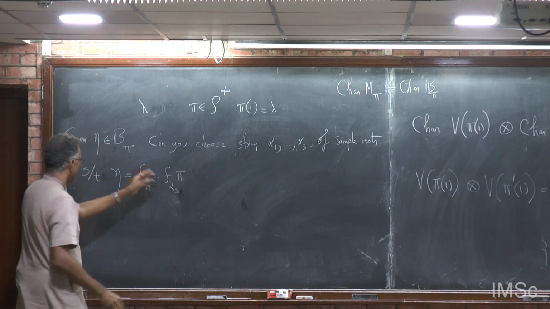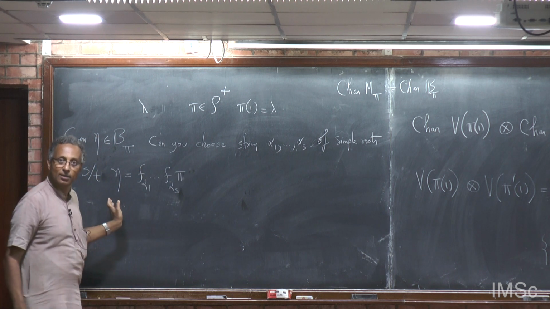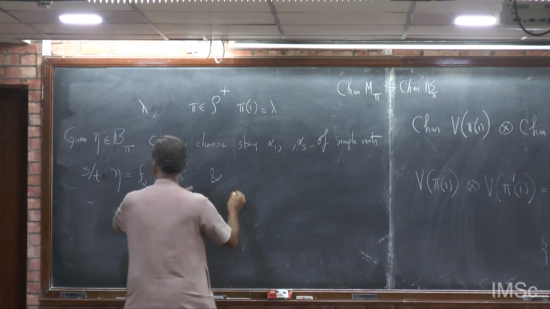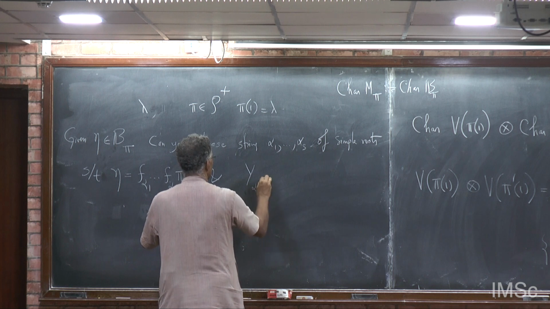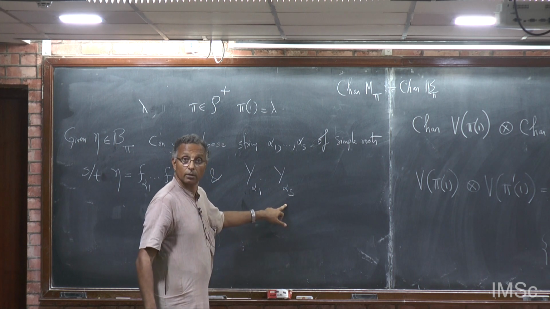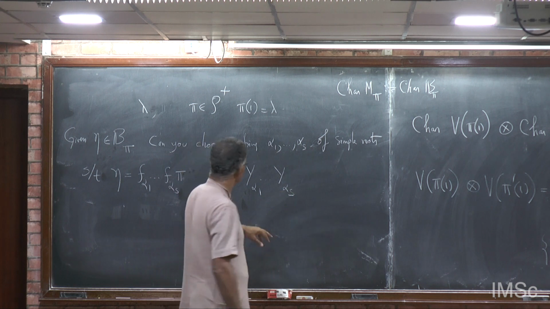Of course, that is trivially, eta is obtained like this, right? But here is the crucial thing. Suppose I take this string. Now these are the Chevalley generators.